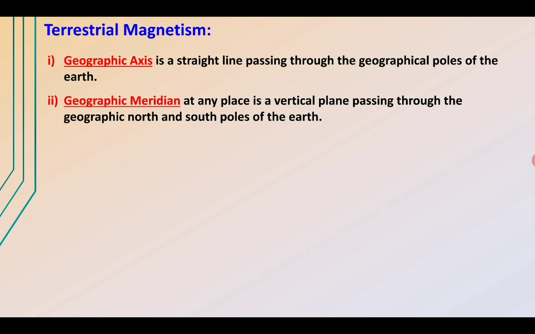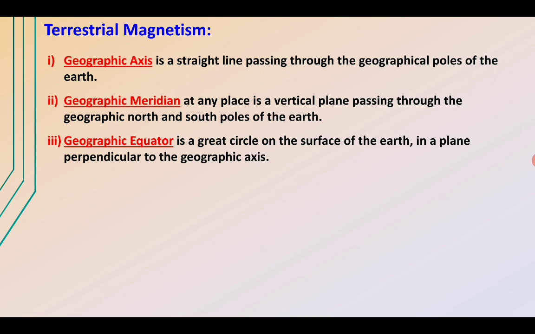So the geographical meridian at any point is the vertical plane. After this is our geographic equator, which is the great circle on the Earth perpendicular to the geographic axis, and all the points on the geographic equator are at equal distances from the geographic poles as well.